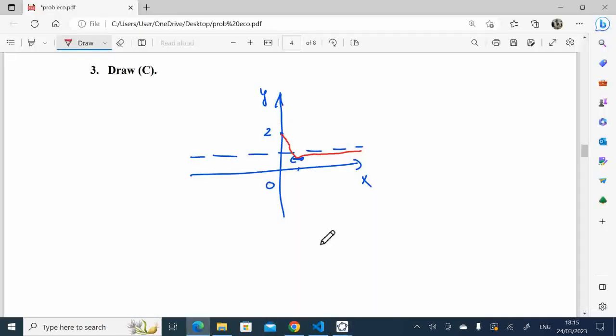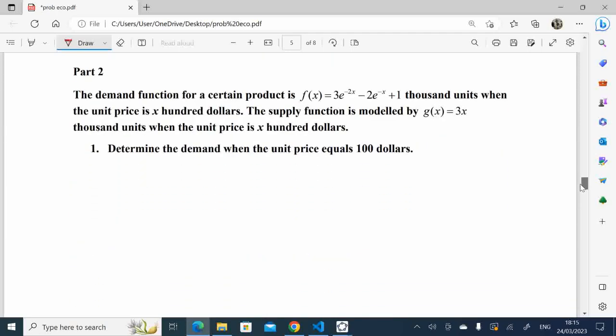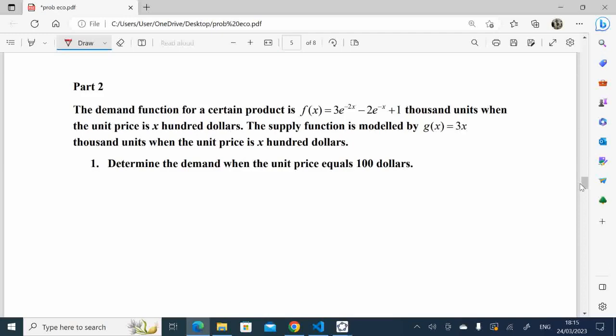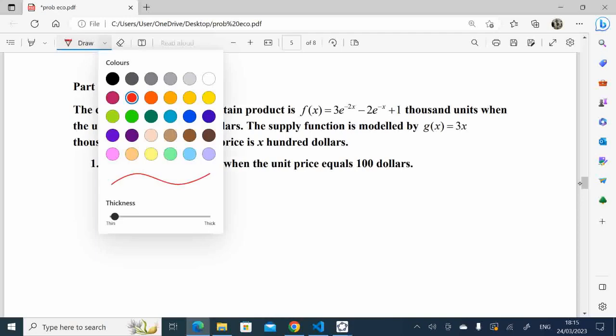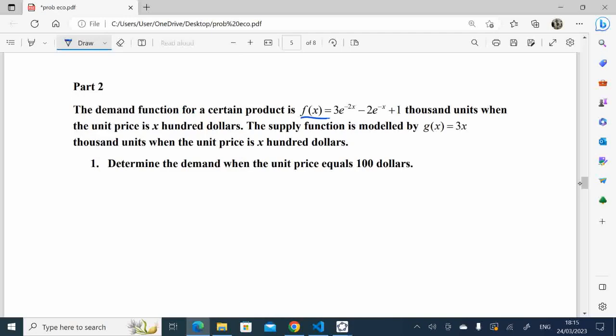So let's start the second part, which is the economic part. In the economic part, we have the demand function for a certain product, f of x equals 3e^(-2x) minus 2e^(-x) plus 1, in 1,000 units when the unit price is x, in $100.